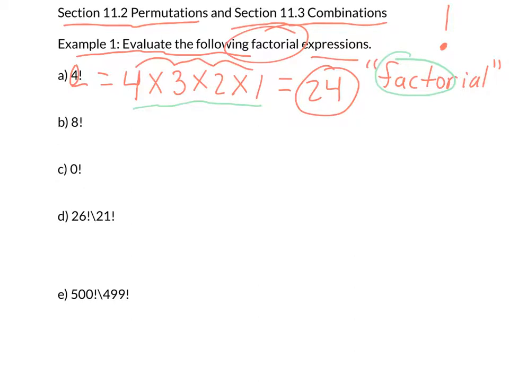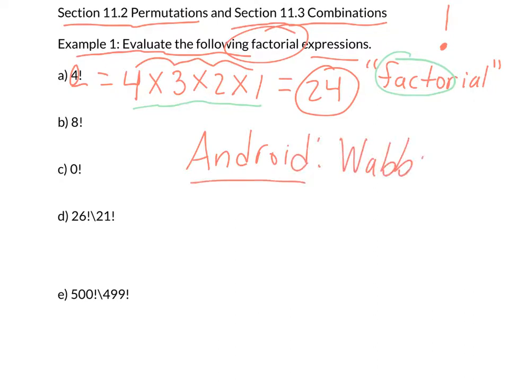For Androids, the app is free, so why not try it? It's called Wabbit Emu, all one word. Once you download it, it'll give you a list of Texas Instruments or TIs to choose from. Any TI 84 would work great, so you can pick any of those from the list after you download it.